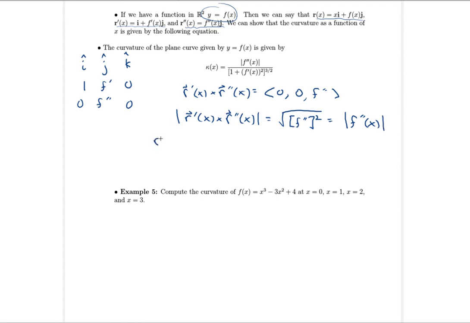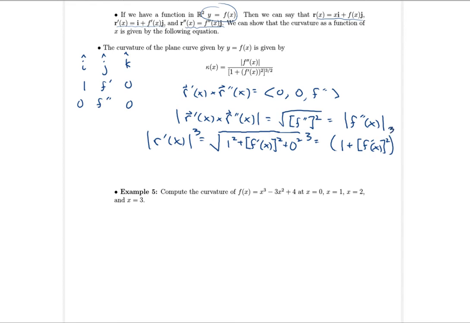And then r prime of x, its magnitude to the third power is going to be 1 squared plus f prime squared plus 0 squared, to the third power, which is equal to 1 plus f prime of x squared, and then changing the square root to 1/2, it'll be to the 3/2.